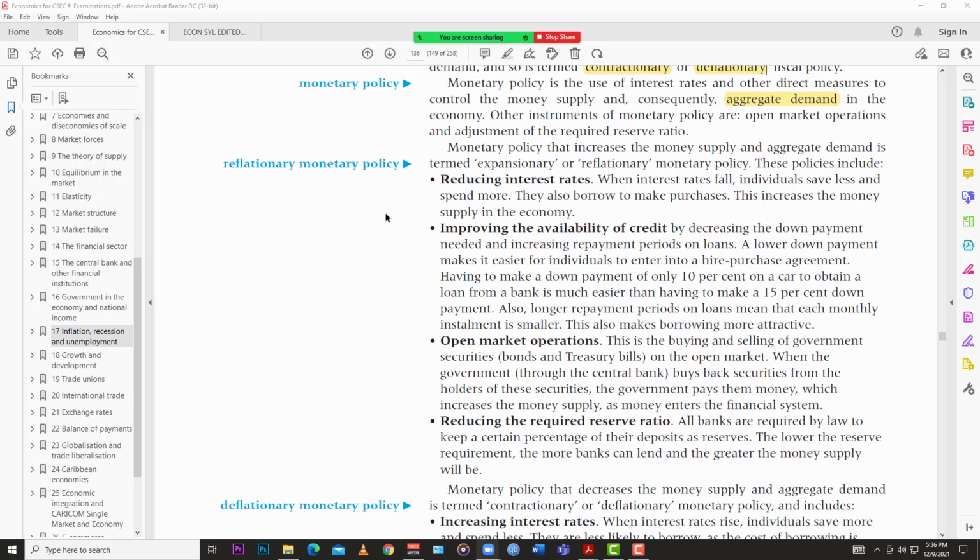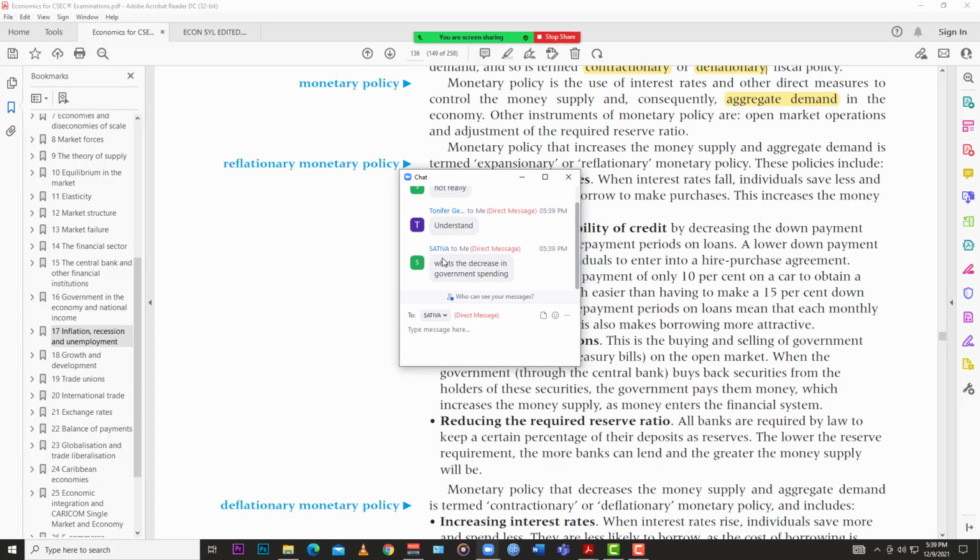Monetary policy deals with manipulating the money supply to achieve certain broad economic objectives, and what they are using is the interest rate, open market operations, reserve requirements, and those things.